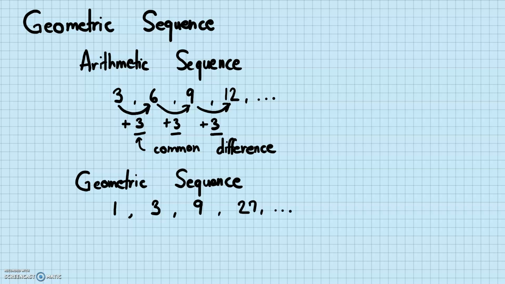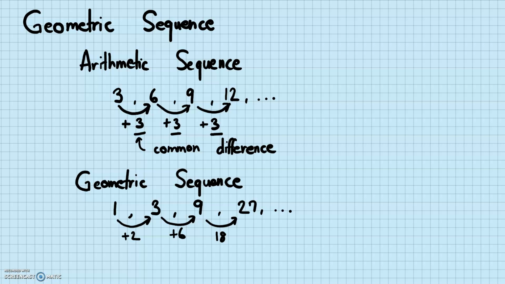Do you see the pattern here? So how did we get the next term from the previous term? Well, you could say that you've added 2, but here you've added 6. Here you've added 18. So it's kind of hard to see the pattern when you're thinking about addition and subtraction.